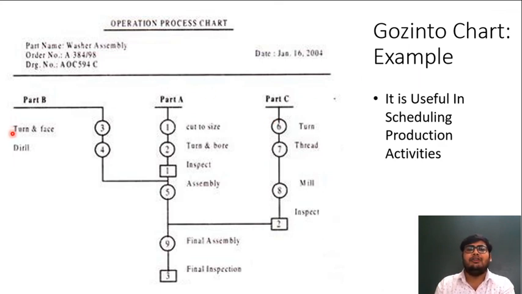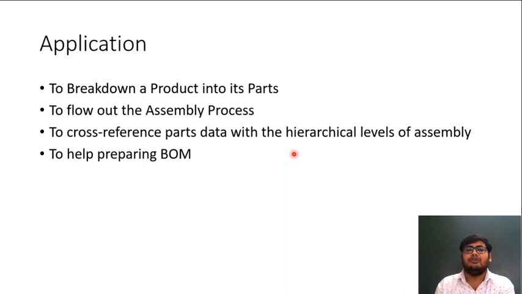For part B we need to perform turning and facing, and after that we need to perform drilling. So we can generate our bill of material data, or we can cross verify our bill of material data if we have these Gozinto charts.